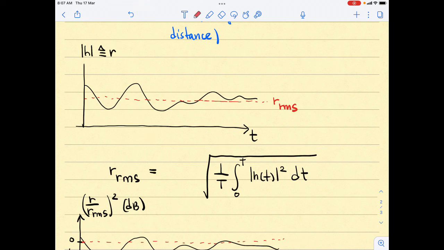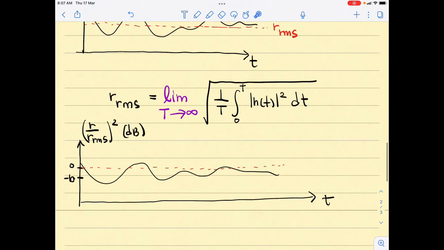Now you expand the time, taking the period T to be really large or go to infinity. Then this gives you the root mean square value, so basically it's the average.